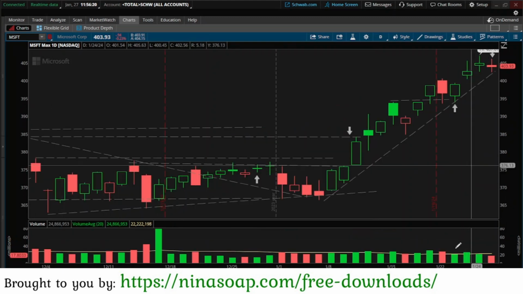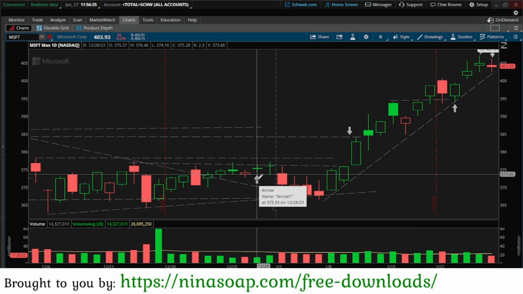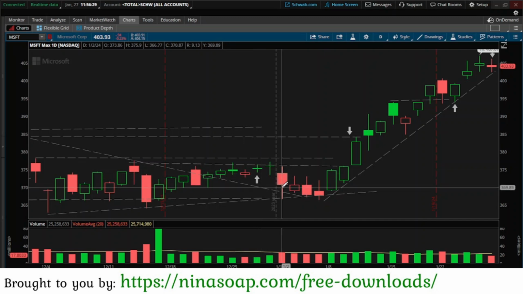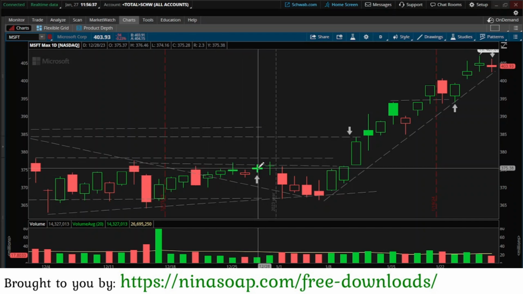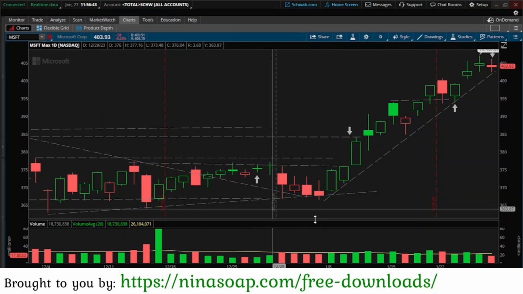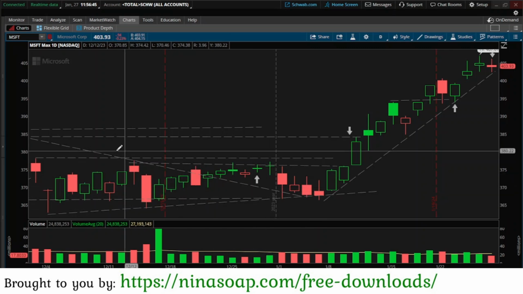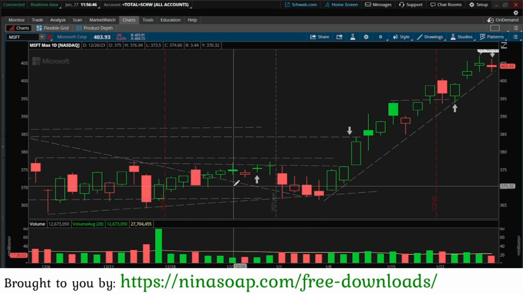But anyway, so we bought it December 28th. You can see where we bought it. I don't even know what it was doing here. But okay, it was crossing a downtrend line.